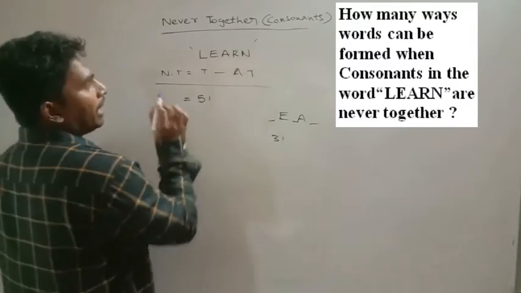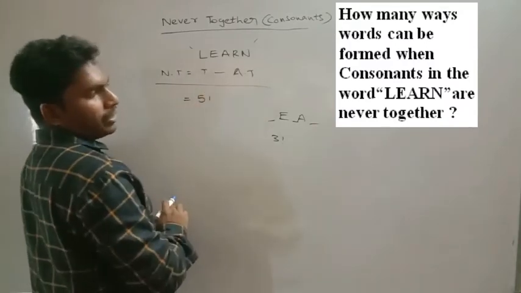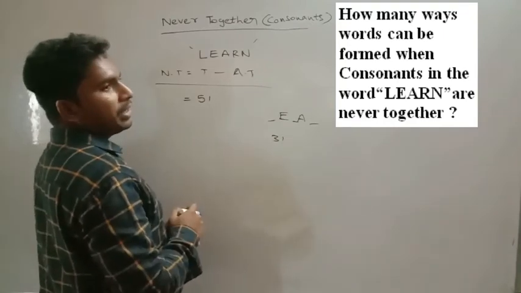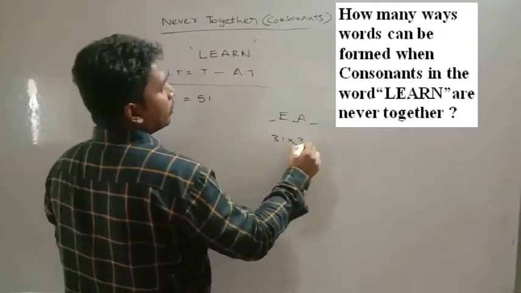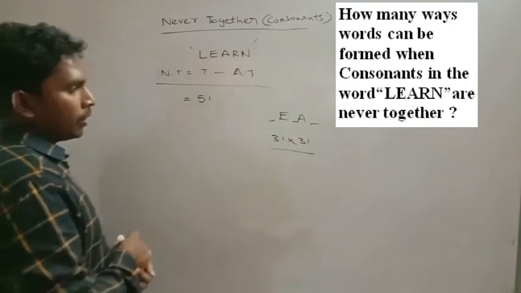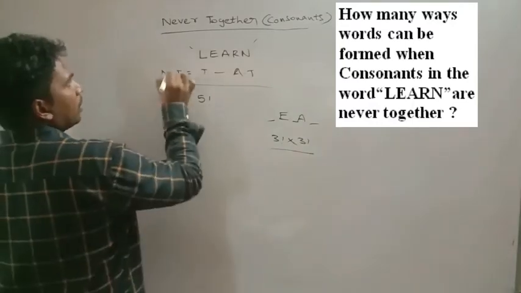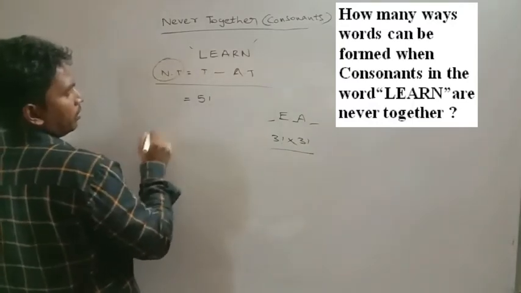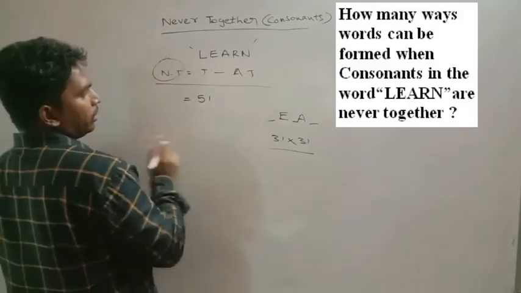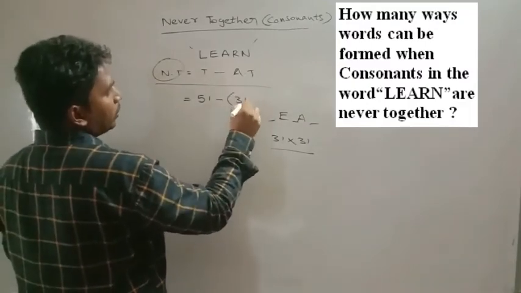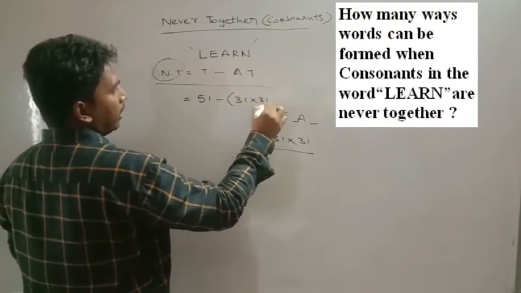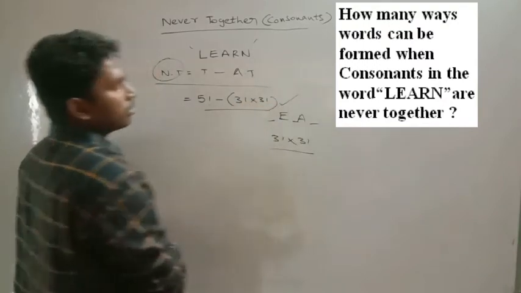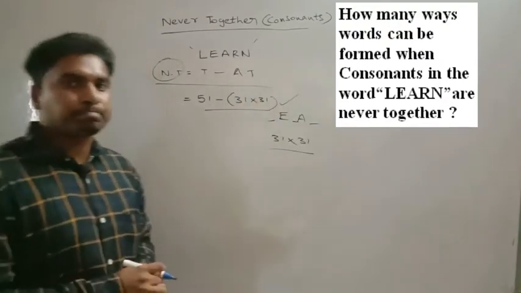L, R and N, 3 consonants are there. Is there anything repeated? No. So 3 factorial into 3 factorial. So the never together answer is 5 factorial minus 3 factorial into 3 factorial. If you solve this you will get the answer.